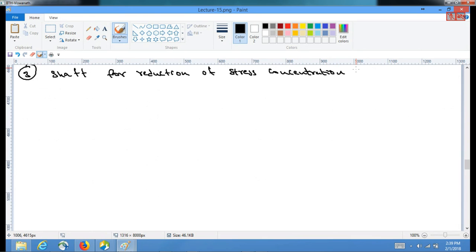Sometimes we use different kinds of shaft continuations, for the kind of design you are making. And let us suppose you have designed a kind of shoulder for the shaft connection or shaft continuation in this manner.